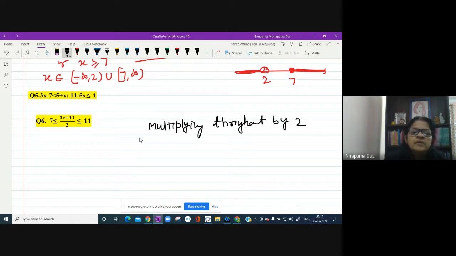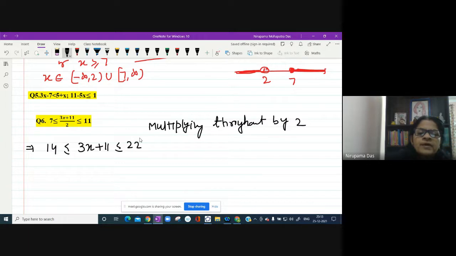Throughout means, since we have 3 parts, we could split it into 2 inequalities and then solve, which is also okay. But because it is a simple one, I thought we can do it in one step, with 7, with 3x+11 over 2, and 11. So you get 14 ≤ 3x+11 ≤ 22.